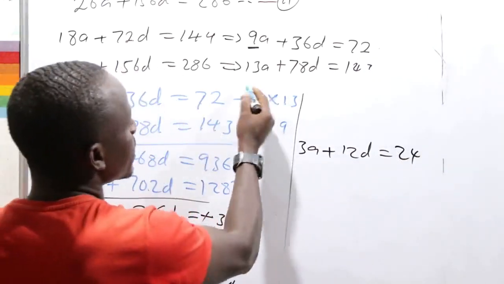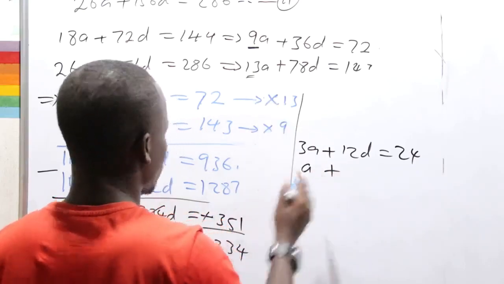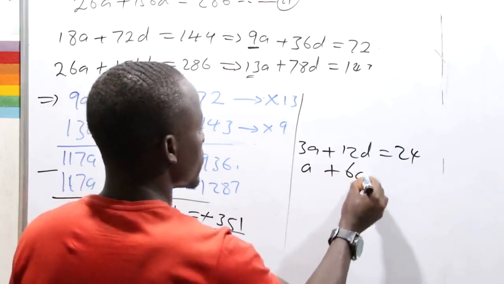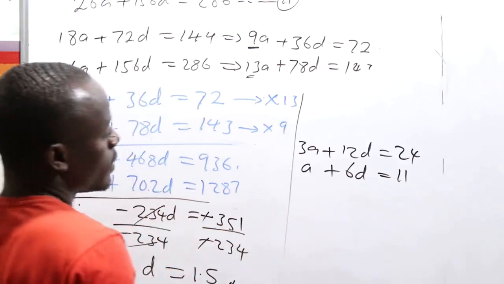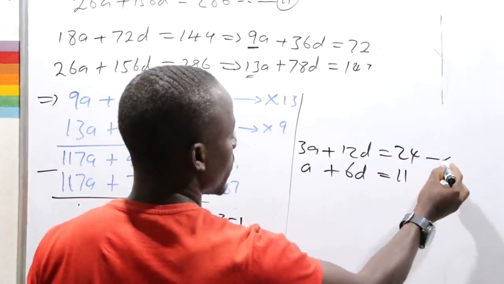And then here, 13 divided by 13 is 1, plus 78 divided by 13, we have 6d, and then 143 divided by 13, we have 11.